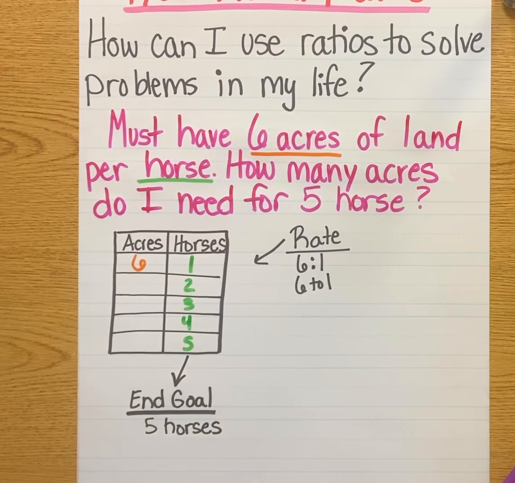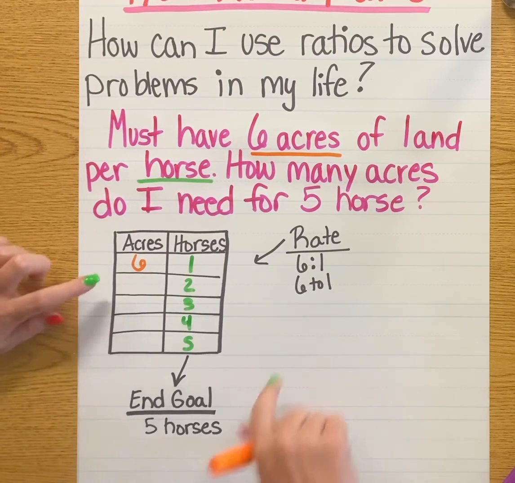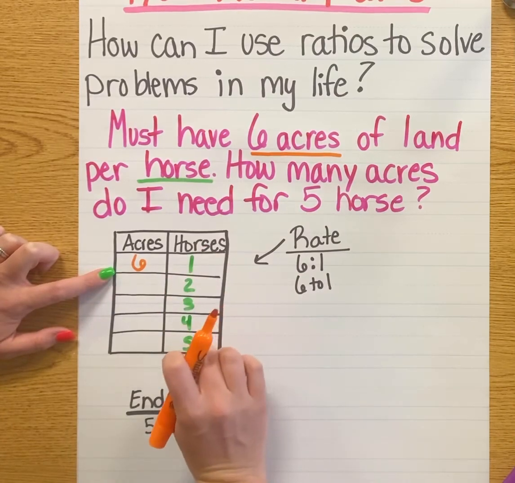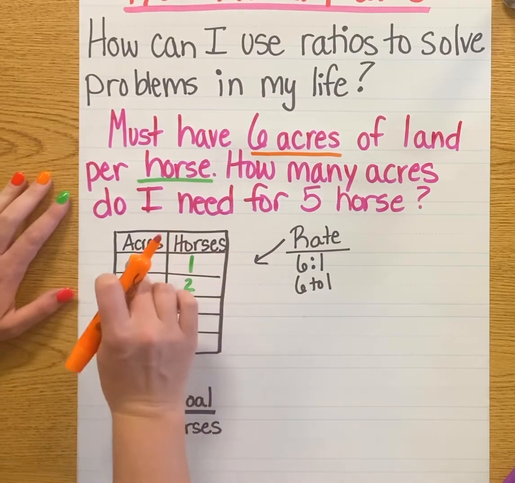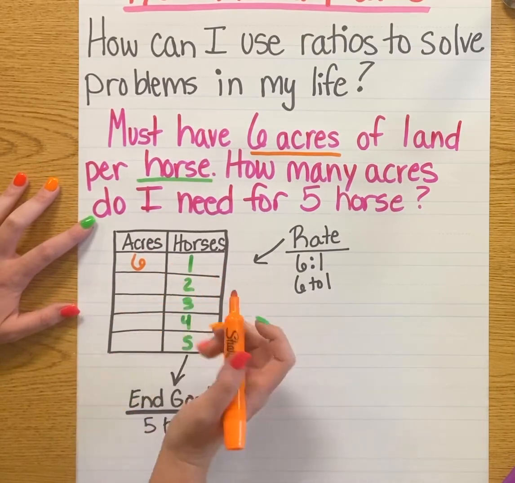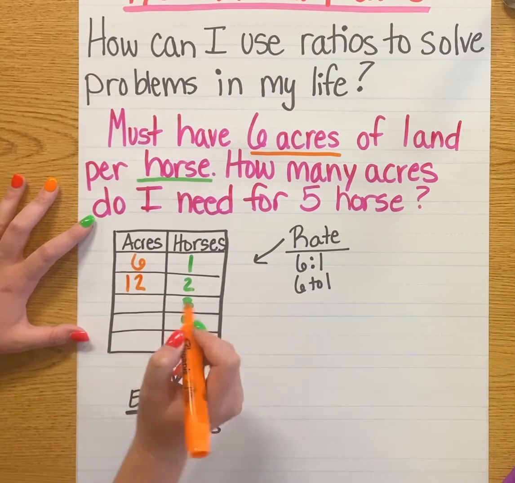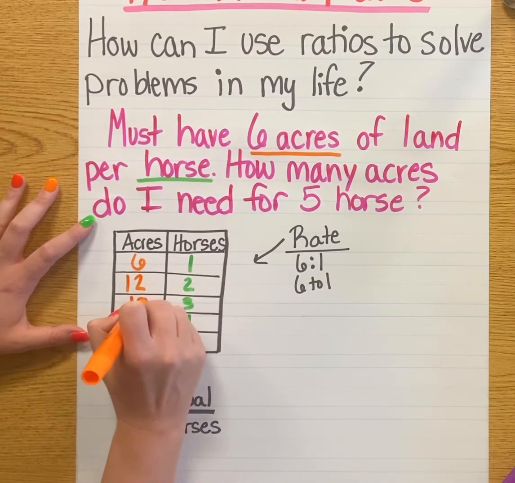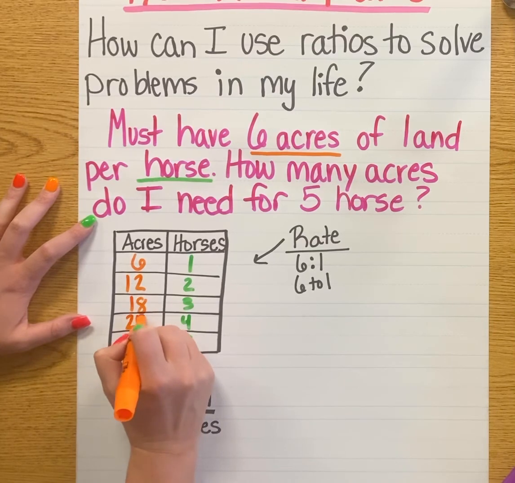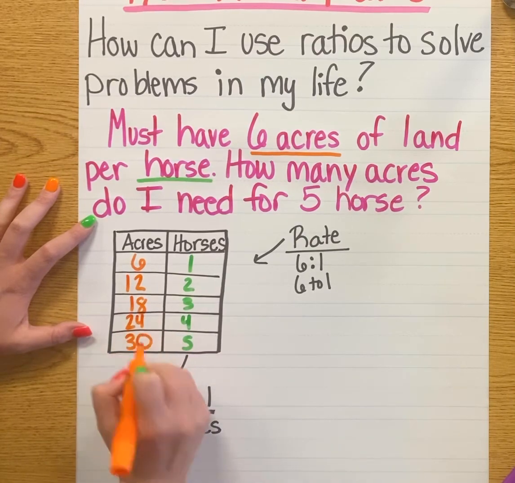So I am going to fill in my chart. So if I know 6 to 1, I need to get to 5. So for each one, I have 6. So 2 times 6 is 12. 3 times 6 is 18. 4 times 6 is 24. 5 times 6 is 30.